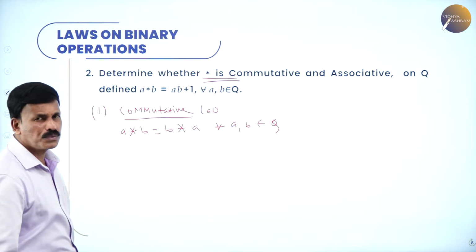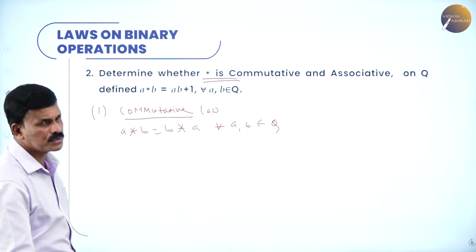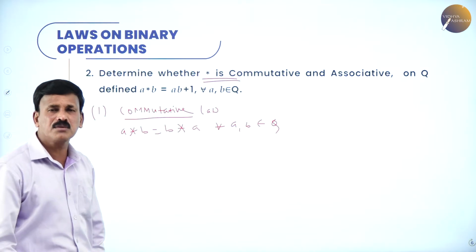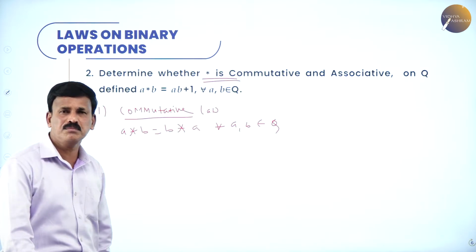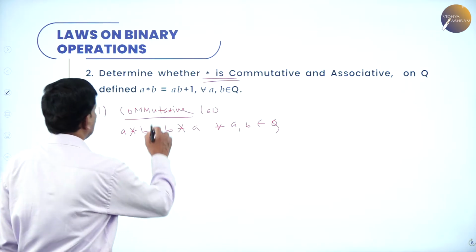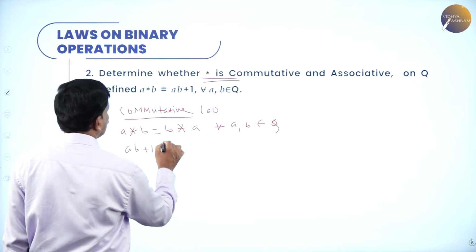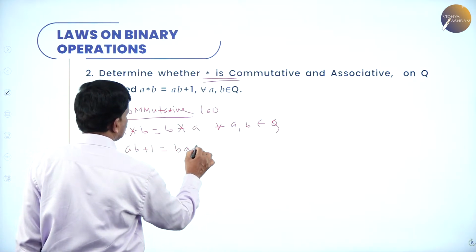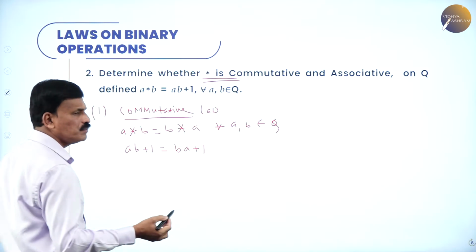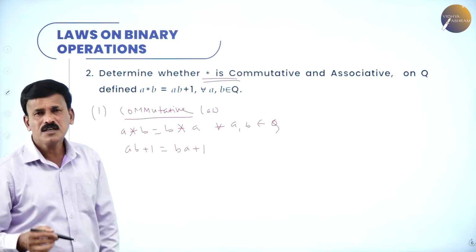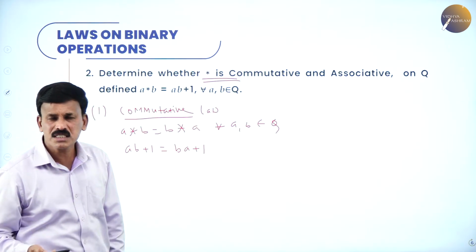What is to prove? To verify that A star B is equal to B star A for all A, B belongs to Q. Now, what is given? A star B is equal to AB plus 1. B star A can also be written as BA plus 1. Since A into B is also equal to B into A, if you add 1, you will get the same value.